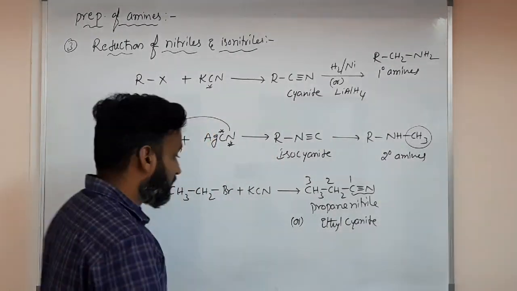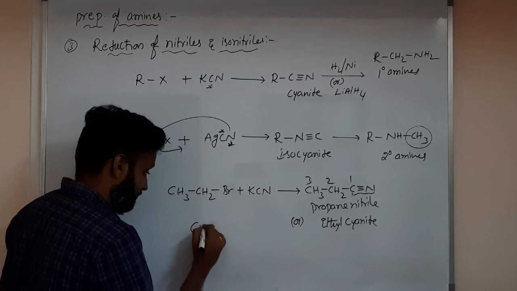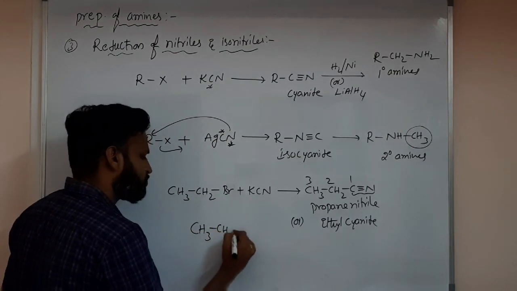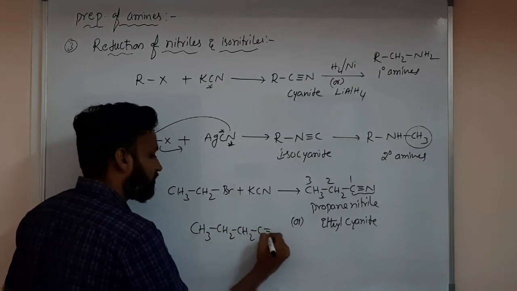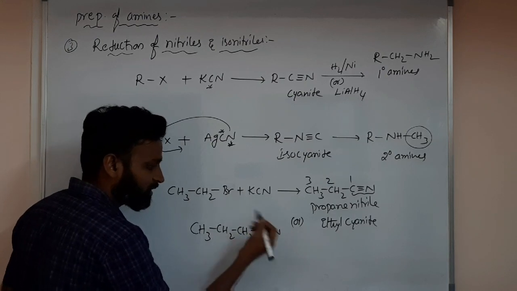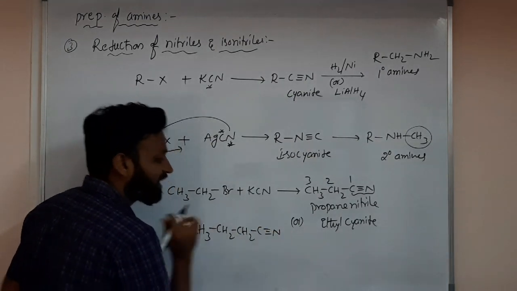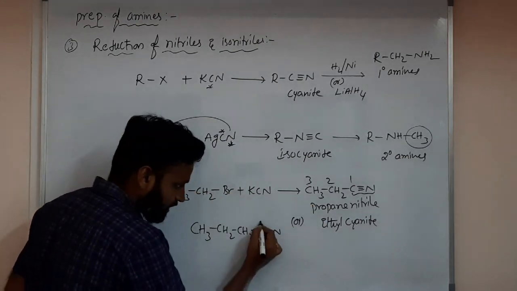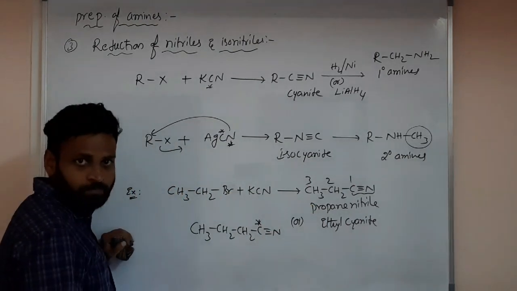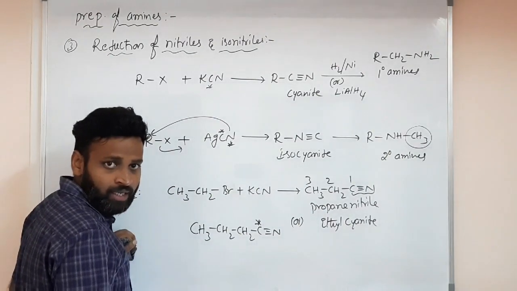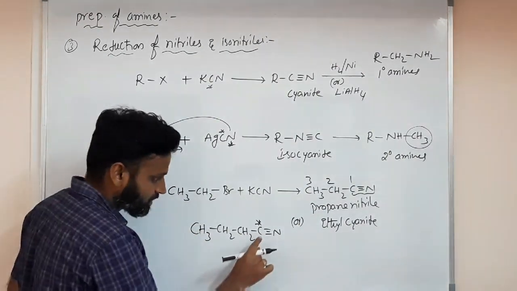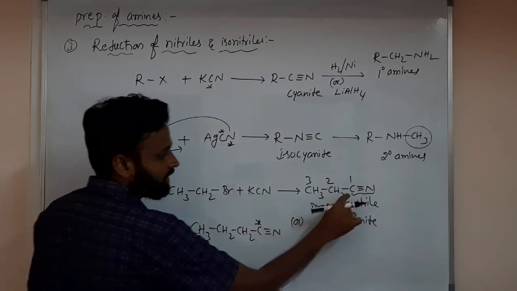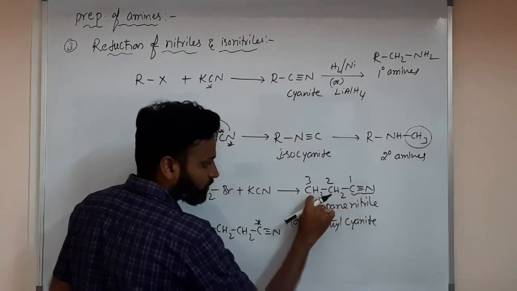Few people will take CH3CH2CH2CN, butane nitrile. When you are writing the IUPAC name, this carbon also you are considering. So that's why you consider this carbon as 1, 2, 3, propane nitrile.